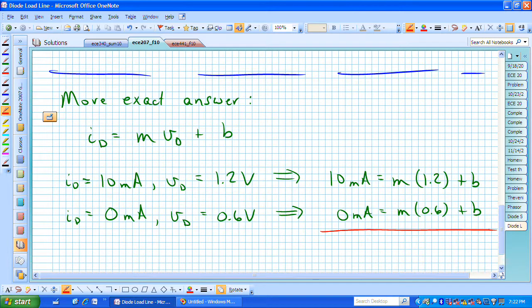If we subtract the bottom from the top, we end up with 10 milliamps is equal to 1.2 minus 0.6, or 0.6 M, and the B's cancel.